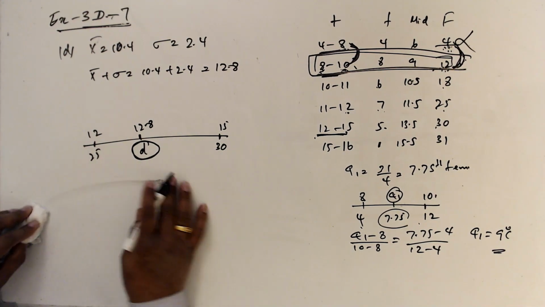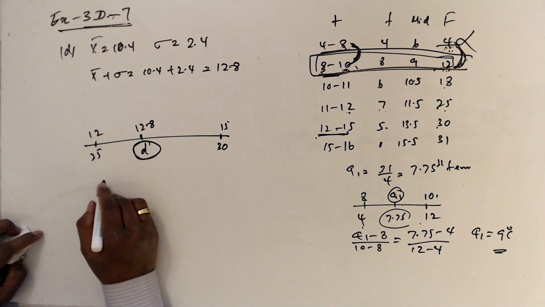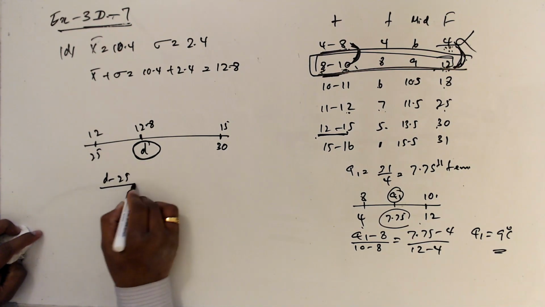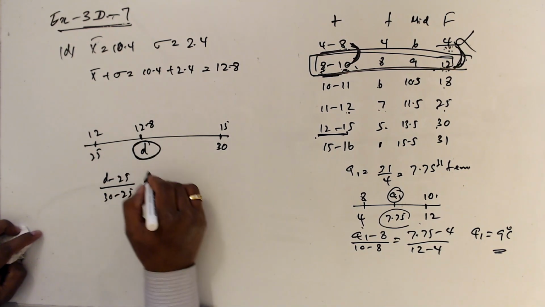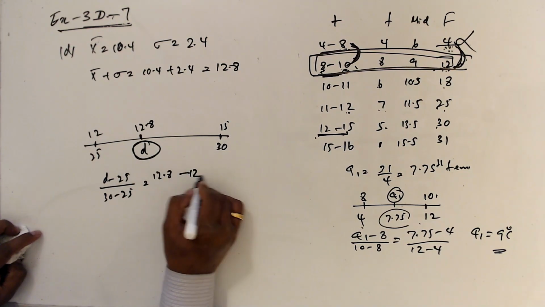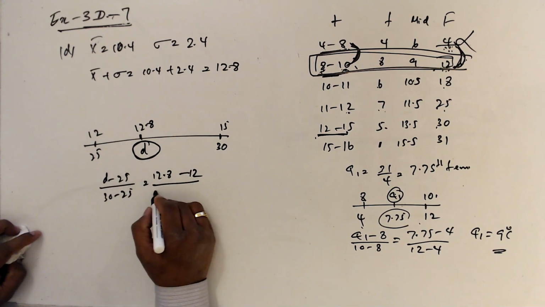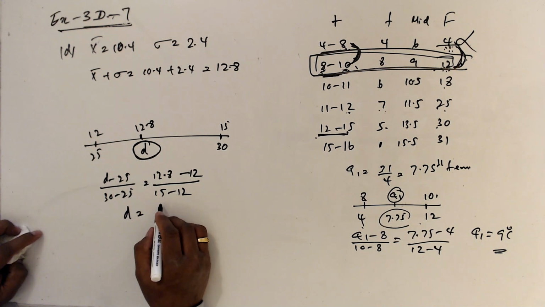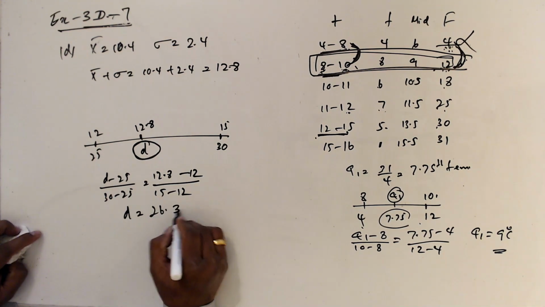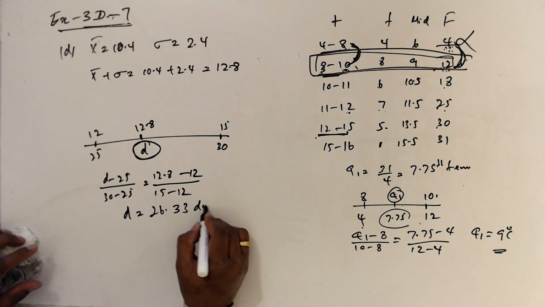D minus 25 over 30 minus 25 equals 12.8 minus 12 divided by 15 minus 12. So the D value we will get is 26.33.